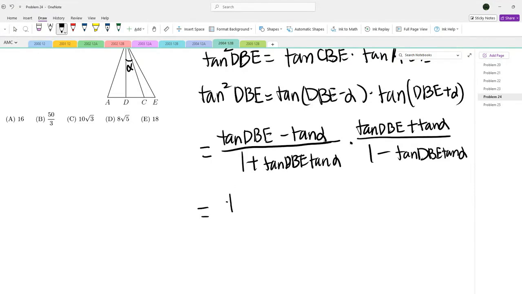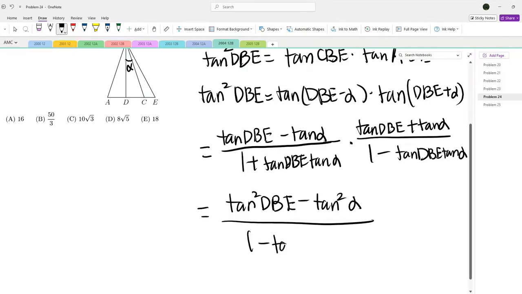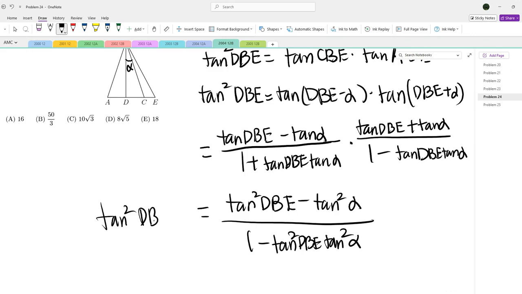So we'll get that tan squared DBE minus tan squared alpha over 1 minus tan squared DBE tan squared alpha, and this is all equal to tan squared DBE.